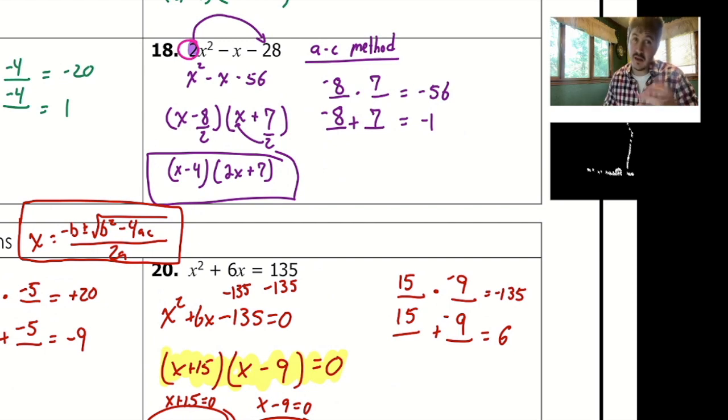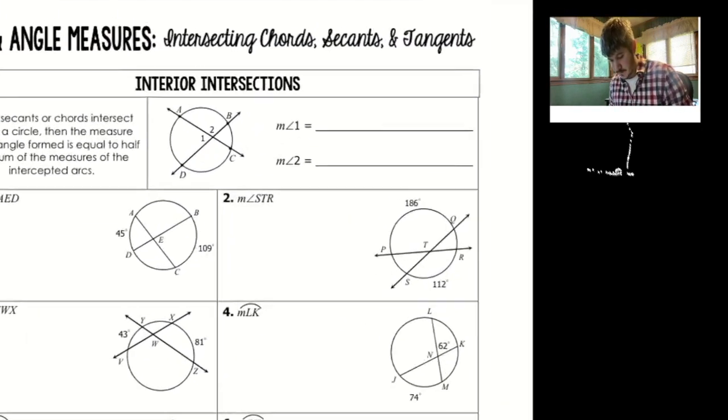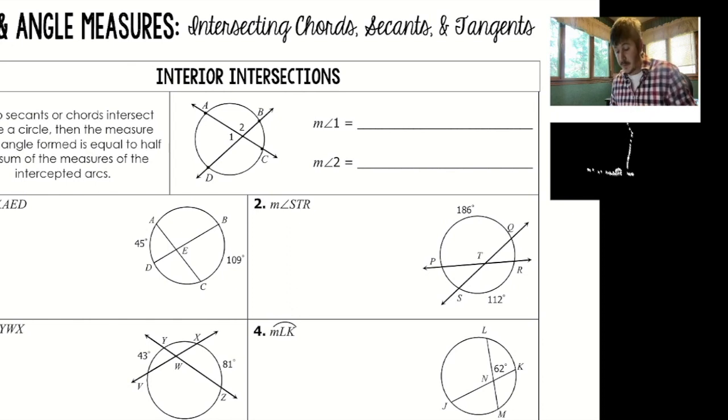I find this way easier, but whichever method you want to do, go for it. But now we're going to jump into some of the geometry with some more of our rules. I know we only have about 7 minutes left, so I'll probably show us the rule, do a few easy examples, and then we'll pick it up tomorrow.